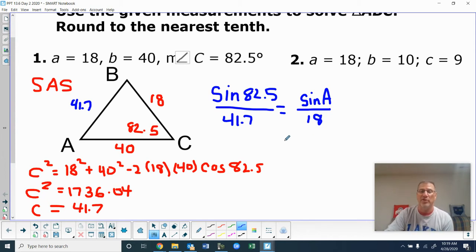All right, then we're going to cross multiply and divide. And that'll give us what the sine of A is. Go back to my calculator.